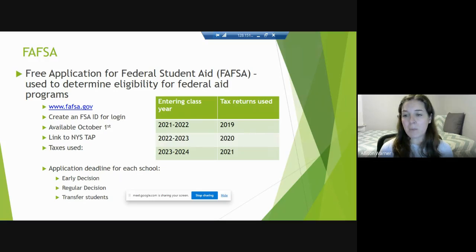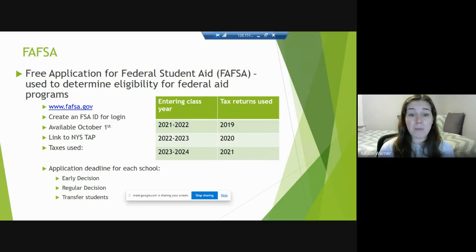Also, keep in mind, if your parents are separated and not living together, only one parent's information is required for the FAFSA. This is typically the person the student lives with the majority of the time. You'd want to go to FAFSA.gov or studentaid.gov. Either address will take you to where you need to apply for the FAFSA.